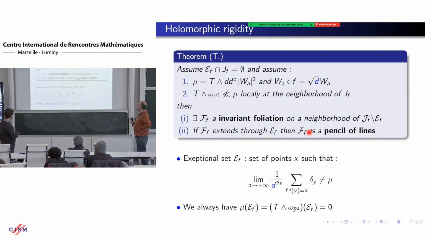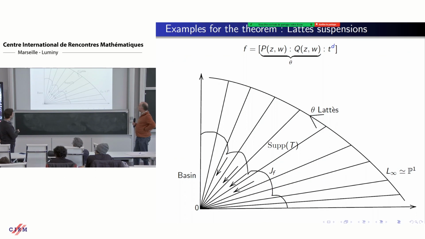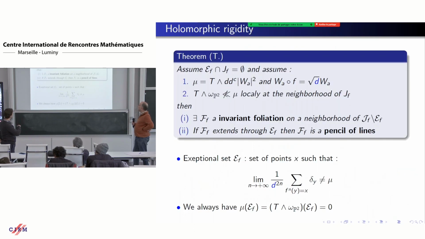This set, if it is not empty, will of course always meet the support of the current. But actually, I do not have any other example than this kind of mappings that preserve a foliation with that kind of hypothesis.